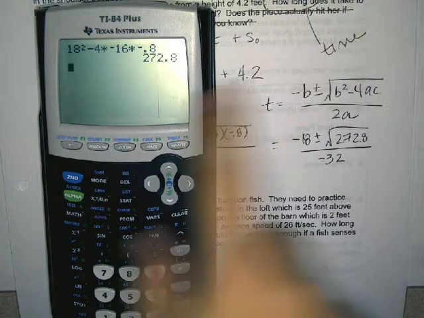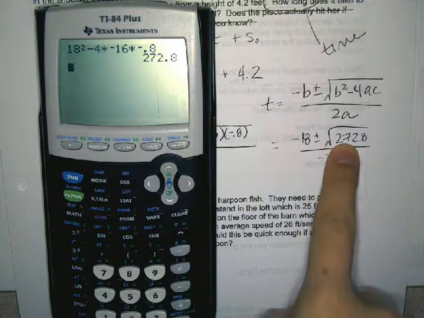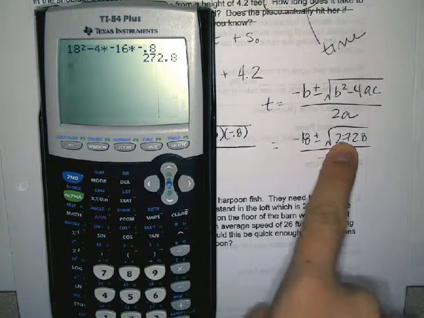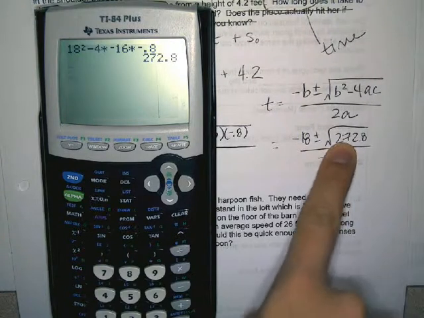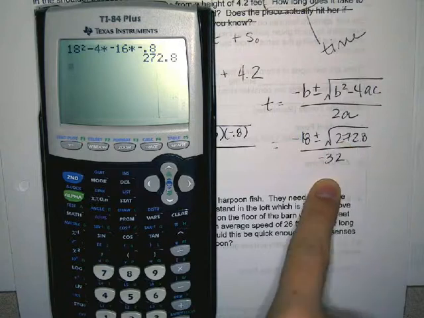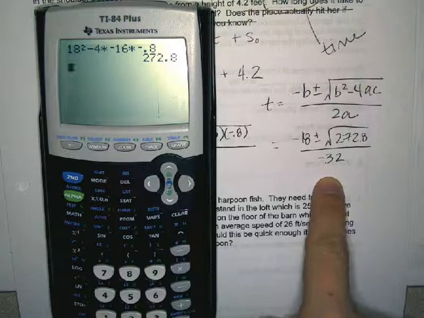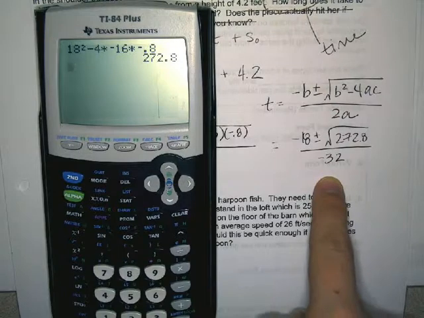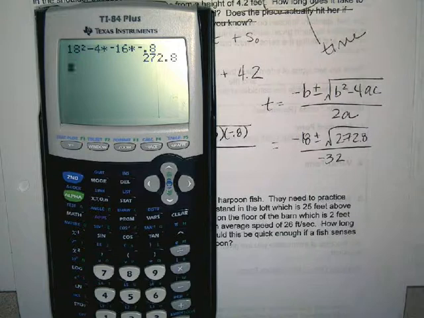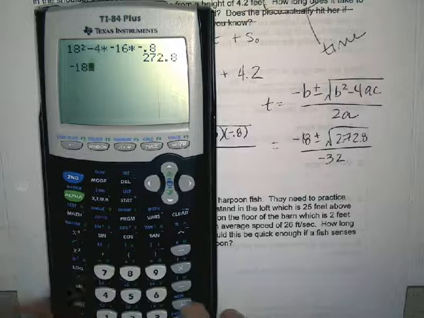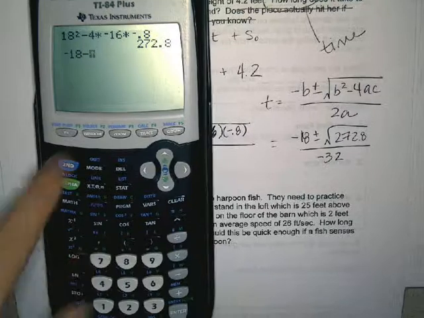If I take negative 18 and subtract, no matter what that number is, it's going to be negative, correct? And I have a negative on the bottom, and a negative divided by a negative is a positive. Your answer for time should always be positive because negative time doesn't make sense. You can't go backwards in time. So we have negative 18 minus the square root of 272.8.